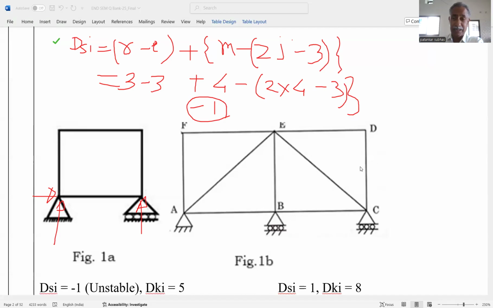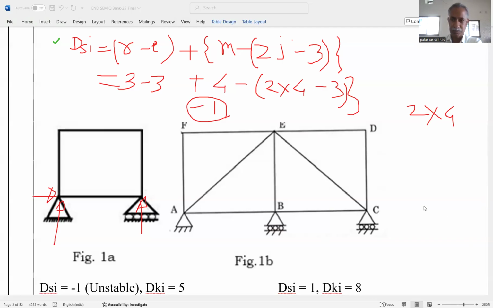And regarding the kinematic redundancy, we know that all the joints are pin connected. That's why moment is not applicable. Rotation is not allowed. So for every joint, we have considered the DKI is equal to 2. Here there are 4 joints, 1, 2, 3, and 4. So 4 multiplied by 2, that is 8. But at joint A, there is a hinge, and that's why it restricts the movement in x direction and y direction.